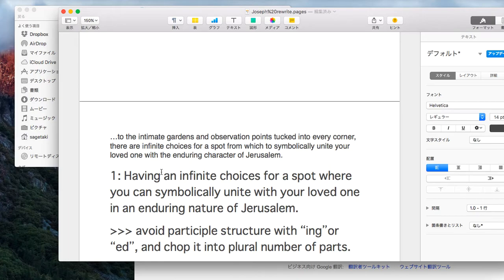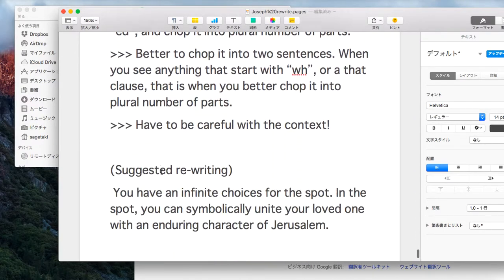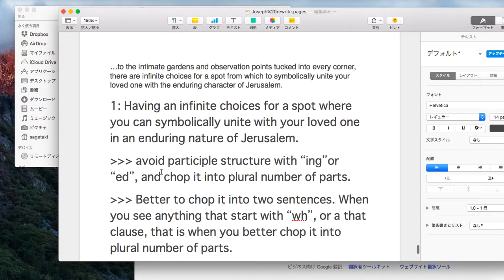This is what we have to be very careful about, and make the sentence into very simple and stupid English by chopping the sentence into several parts. So let's take a look at what the rewriter has done. Number one: having infinite choices for a spot where you can symbolically unite with your loved one in an enduring nature of Jerusalem.